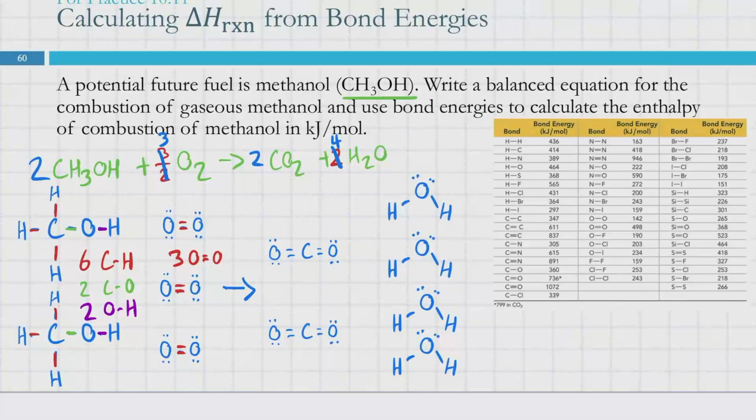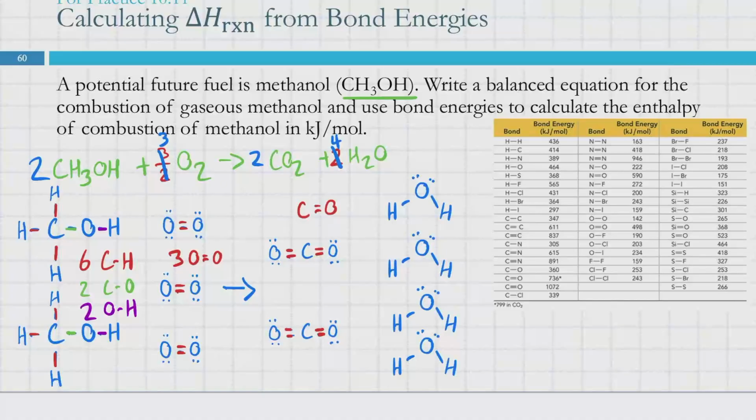On the product side, we've got C double bonded to O bonds. How many of those do we have? Carbon double bonded to oxygen. How many of those bonds do we have? I don't think it's a trick question. I just want to make sure that we're counting them correctly.